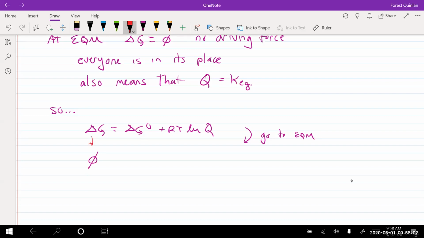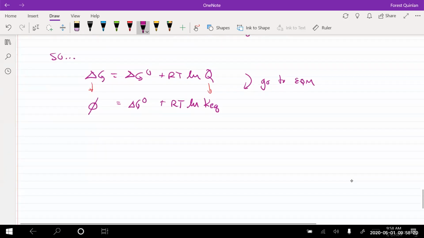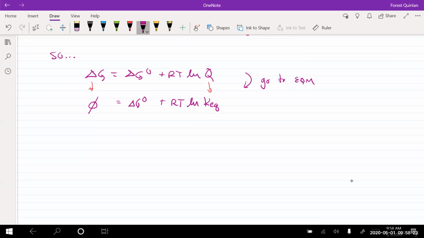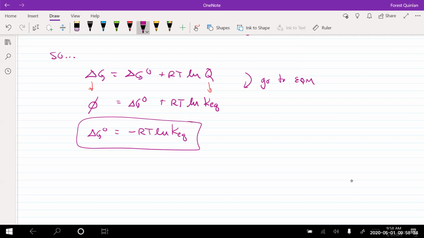That becomes 0. Delta G naught stays the same, but now this is RT ln Keq. Which means, if we solve this, delta G naught is equal to negative RT natural log of the equilibrium constant.